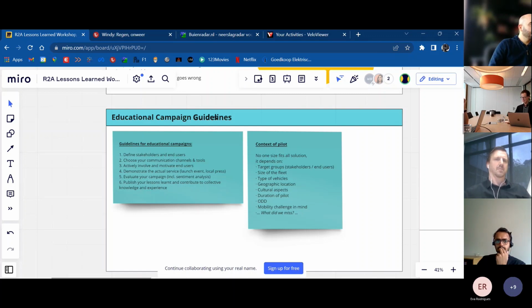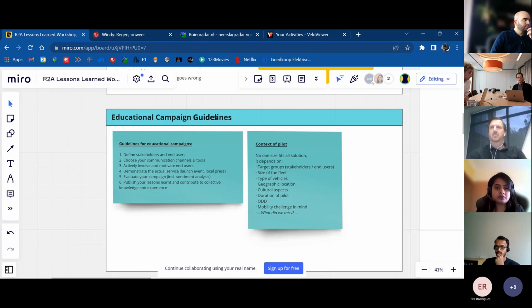We have done some campaigns where it is important to get some feedback on how users actually valued the service, and they may have recommendations based on either positive or negative responses or both. And I think we should go one step beyond it, because, okay, you can evaluate your campaign, but I think it is important that we also publish our lessons learned and contribute to the collective knowledge and experience that I mentioned before in the European context.